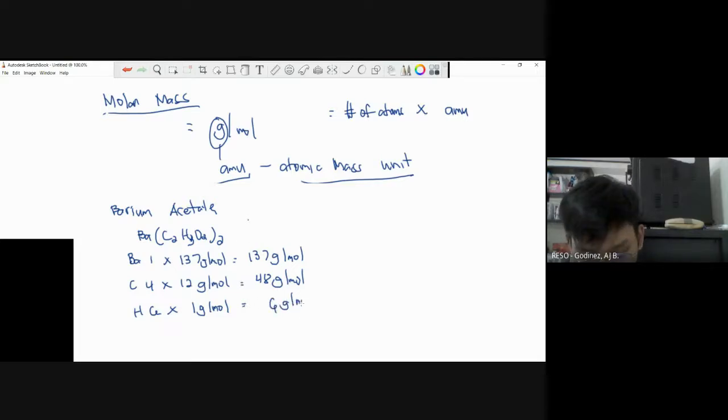Tapos O4 times 16 po. 64 po. Total of 255 po.